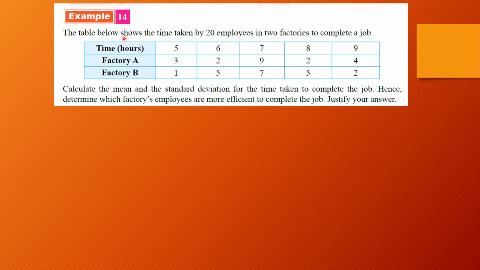The table below shows the time taken by 20 employees in two factories to complete a job.